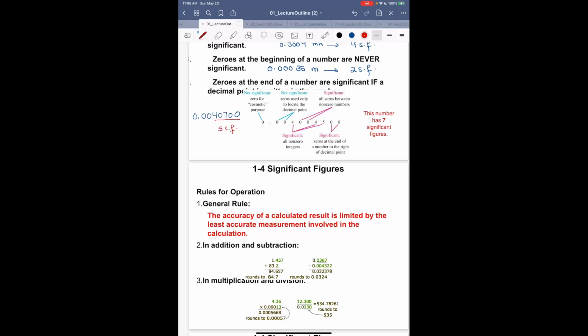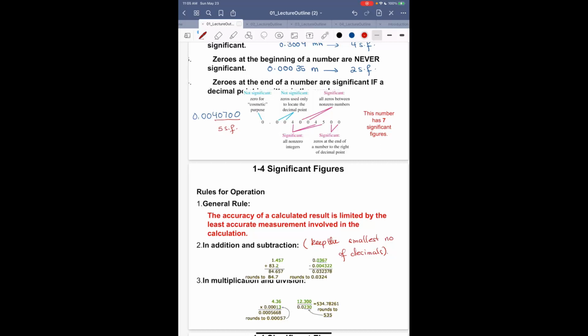And because of addition and subtraction, we are going to keep the smallest number of decimals. Okay, it's not the smallest number of significant figures, it is decimals, because any number with fewer decimals is going to be less accurate.